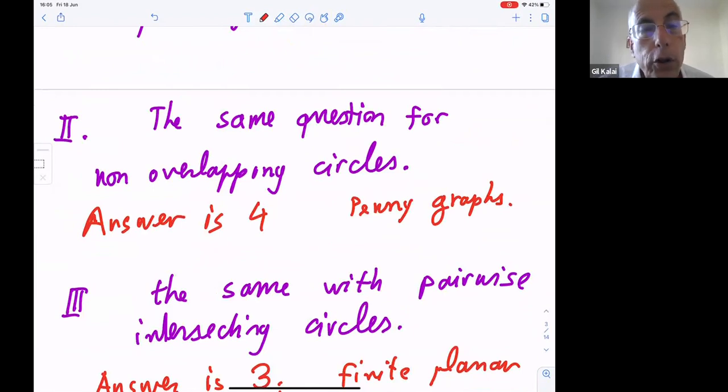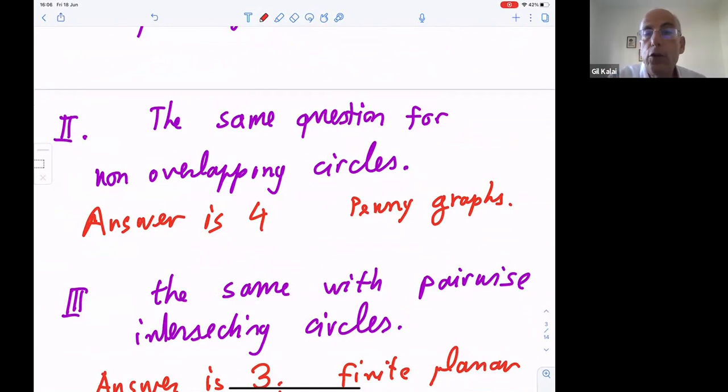The second problem is the same question, but when we also require the circles to be non-overlapping. Graphs which are obtained in this way are sometimes called penny graphs. The answer is known to be 4. They are planar graphs, and therefore 4 colors suffice. But there are examples where you need 4 colors.